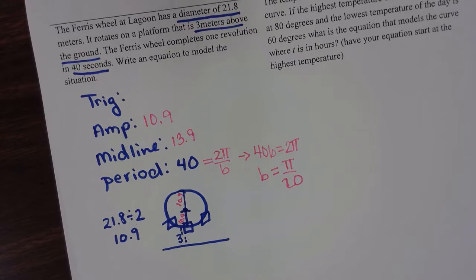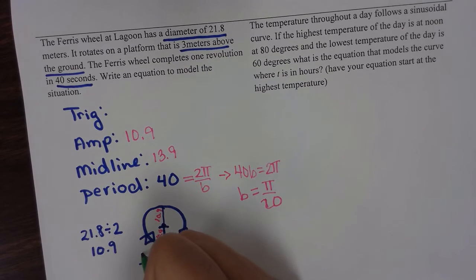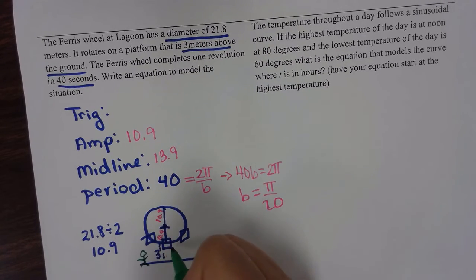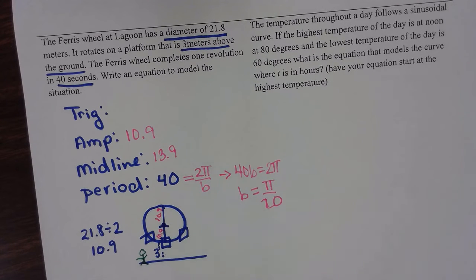All right, so we have all of our pieces, but we need to look at what trig function we have here. So let's think of this situation. When you get on a Ferris wheel, where do you start? Well, we start down here, right? We're on the ground, and we're going to start by getting in that lower chair.